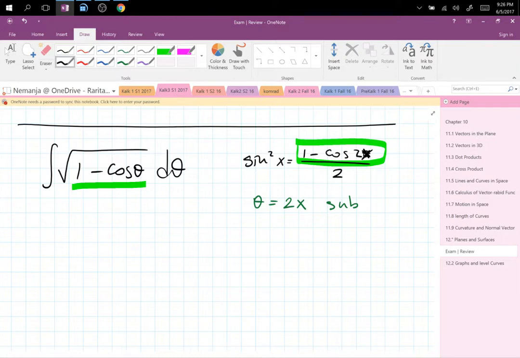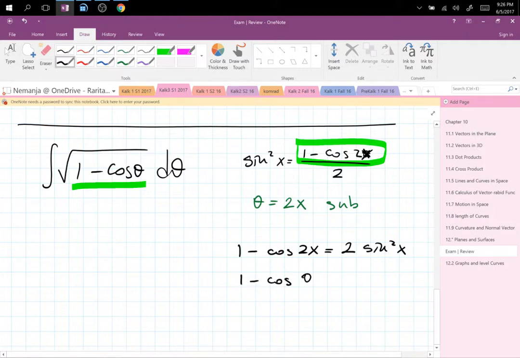So now I am going to claim up there that 1 minus cosine 2x is equal to 2 times sine squared x. And because 2x is theta, I will say 1 minus cosine theta is equal to 2 sine squared theta over 2, because you can solve that x is theta over 2.